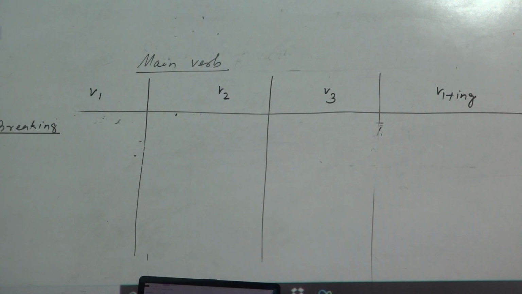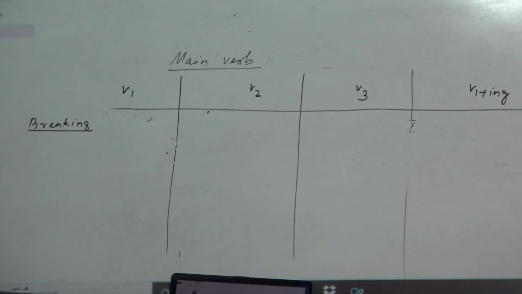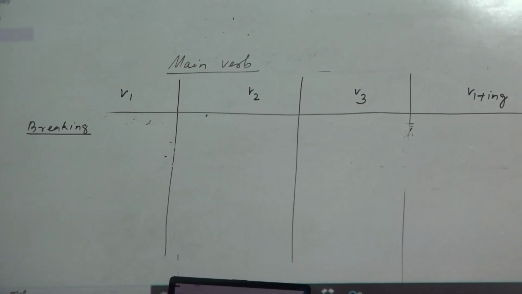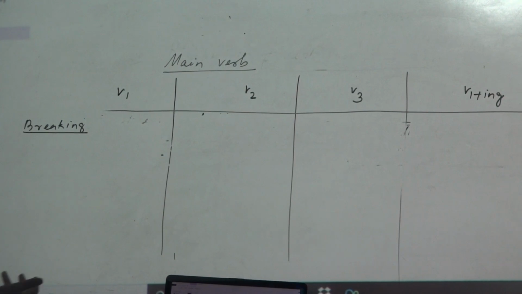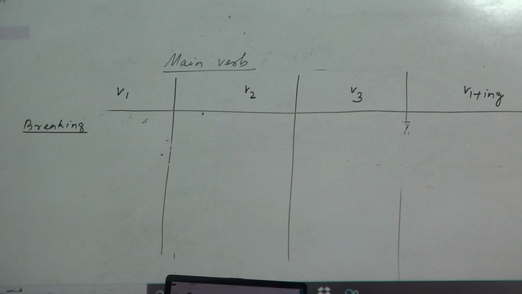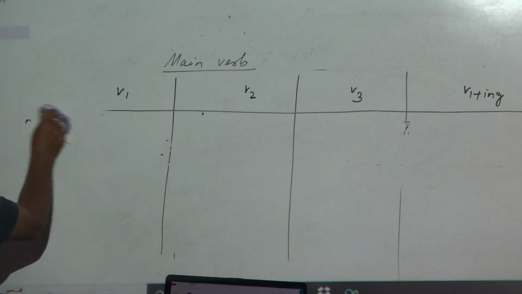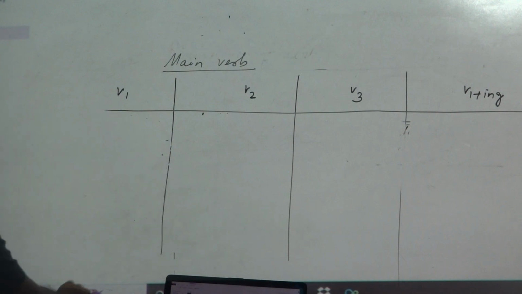Now, I can say breaking is a verb, but really we cannot rightly say breaking is a verb. Breaking may be a noun, breaking may be an adjective. From the application in the sentence, we can say what part of speech the word breaking has.